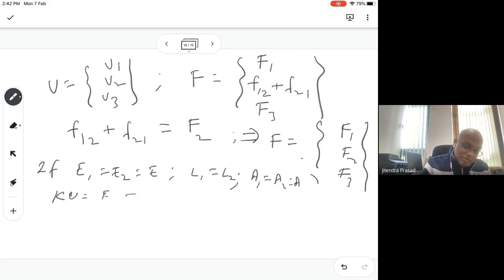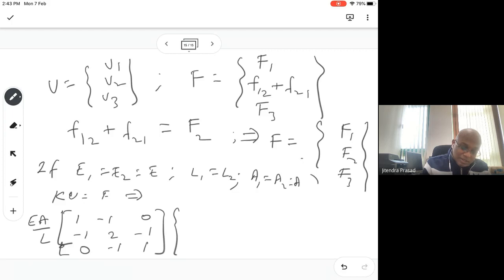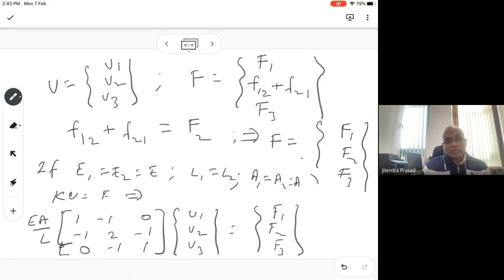Ku equal to F means EA over L times [1 -1 0; -1 2 -1; 0 -1 1], times U1, U2, U3, is equal to F1, F2, F3. Right? And so on.